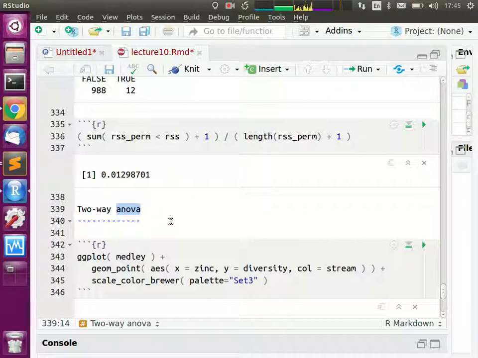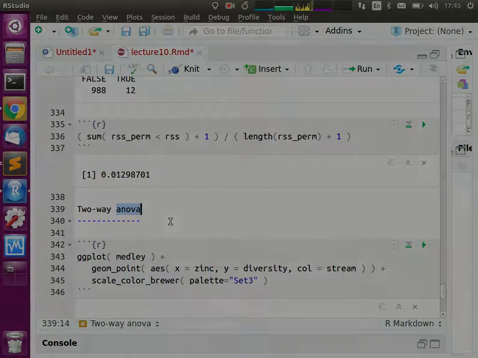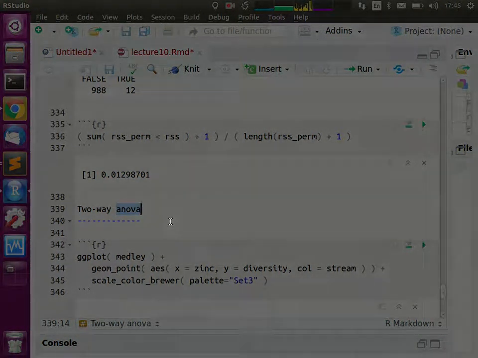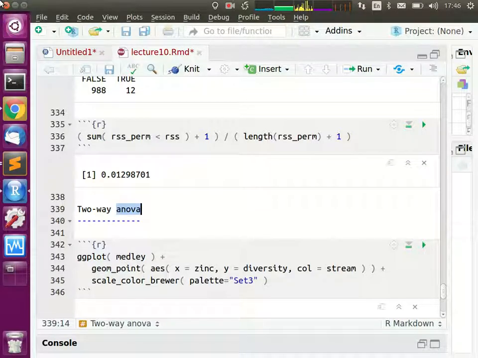Typically, clean water is in areas which are remote and hard to access, while dirty water is in industrial urban areas. So if you're lazy and decide, let's first drive to all the urban areas, and next year we'll drive to the clean areas because they're harder to get to, and first we have to apply for travel money, then you suddenly have a confounding between your zinc concentration and the time when you took your experiment. And maybe a lot has changed since then because it's a different season.